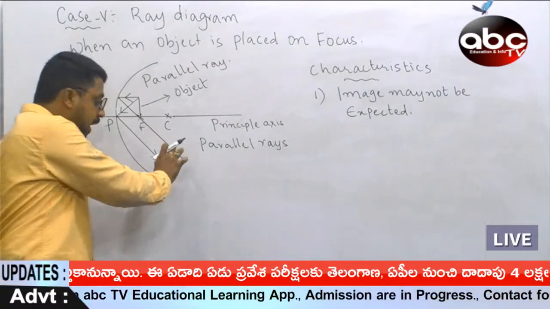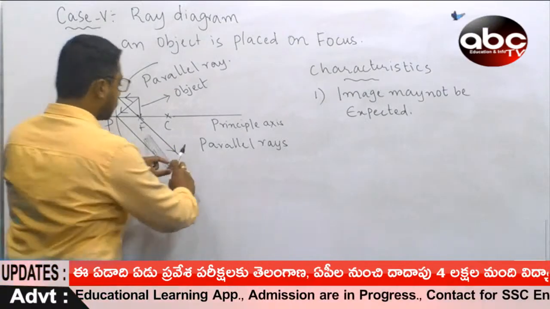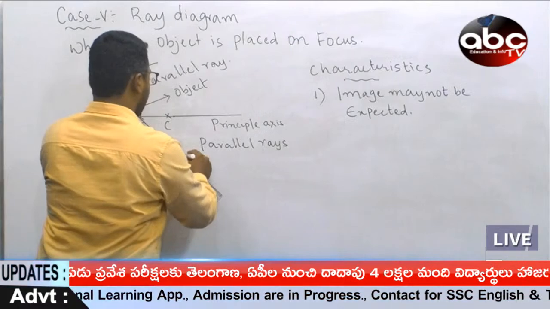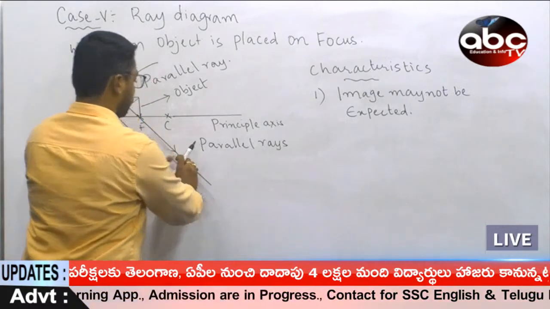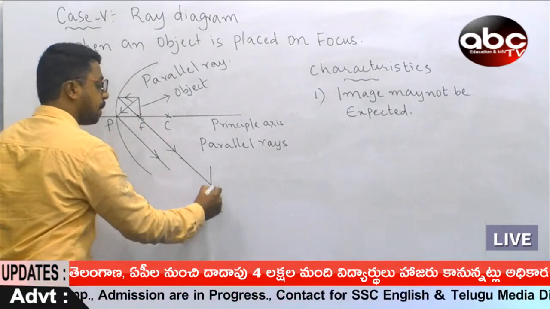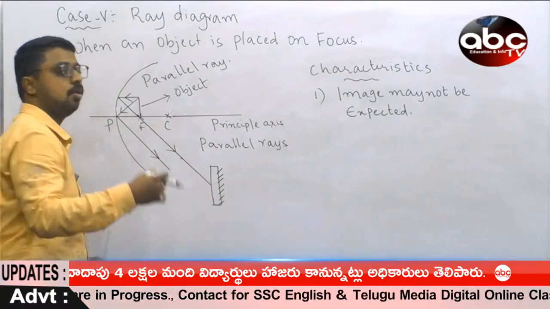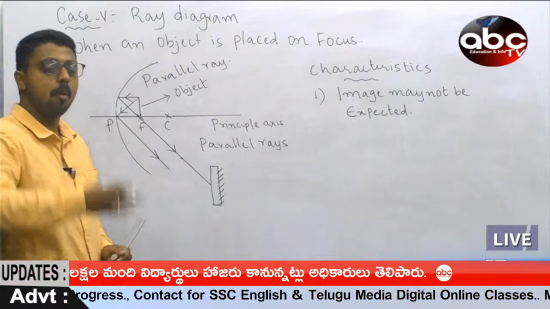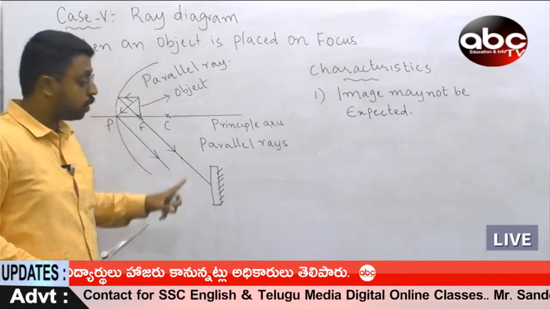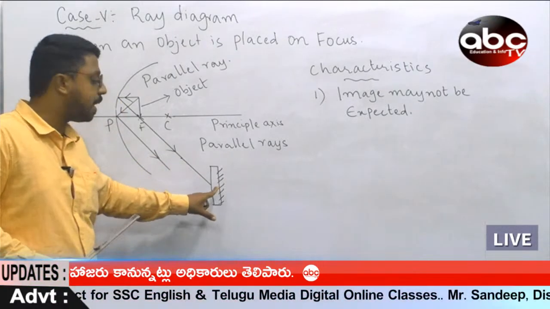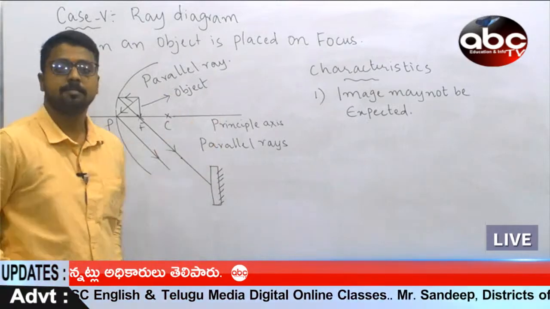अगर ये रेस ट्रैवल करते करते क्या हुआ? एक ऑब्स्टेकल उसके पाथ में है. Let us suppose even this is also opaque substance. Opaque substance. कुछ तो इसके पाथ में एक opaque substance obstacle रखा था.